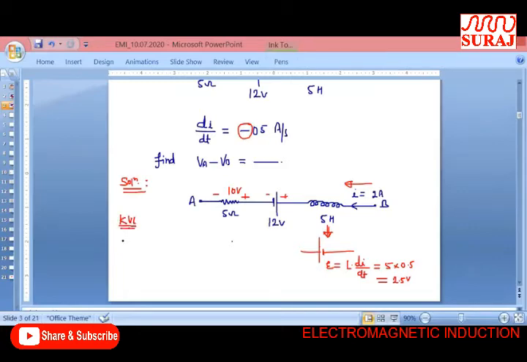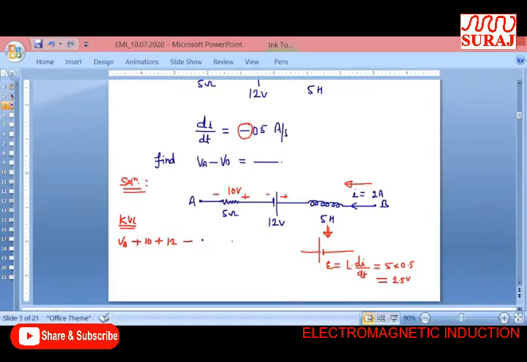Thank you so much. Now, writing the KVL. KVL from A, VA, then cross this resistance. You will get positive 10 volt. Then cross the battery. You will get positive 12 volt. Then cross the inductor.